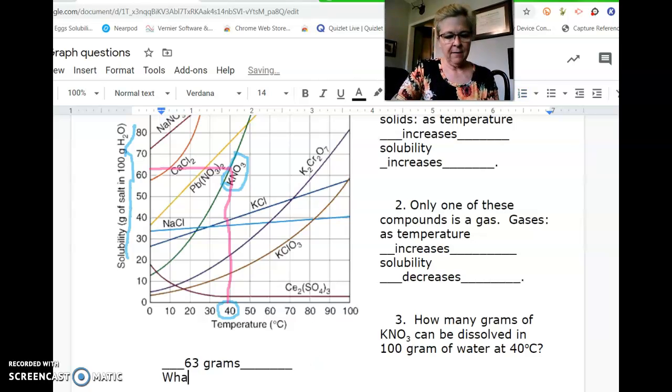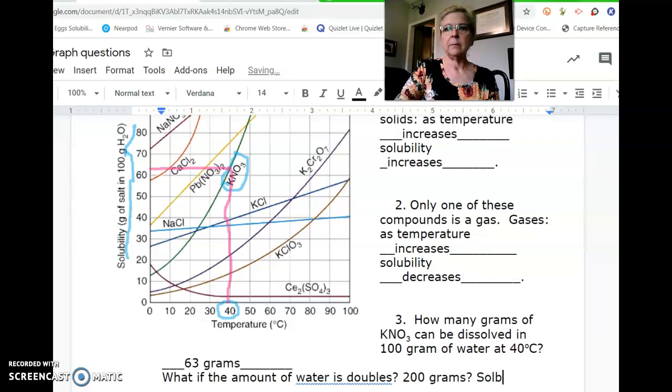Okay, so now I want to add in an extra question here, and that is, what if the amount of water is doubled, say to 200 grams? And then I want to know, what is the solubility? All right, so remember what we had.